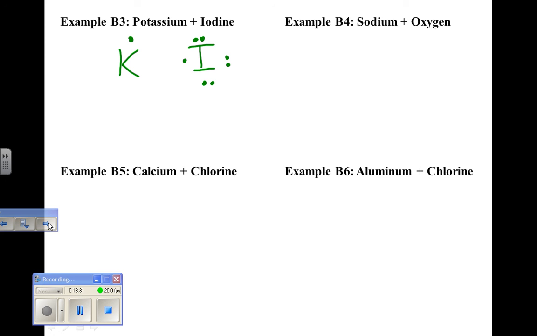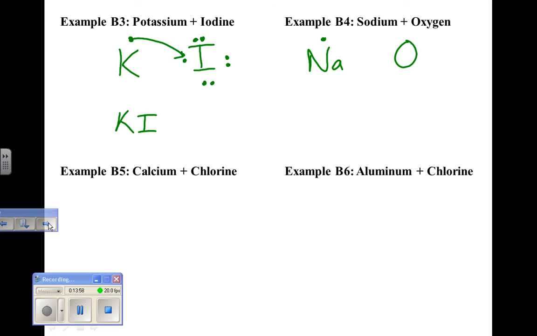All right, sodium and oxygen. Sodium has how many valence electrons? 1. It's in group 1. Oxygen is in group 16, so it has 6. All right.